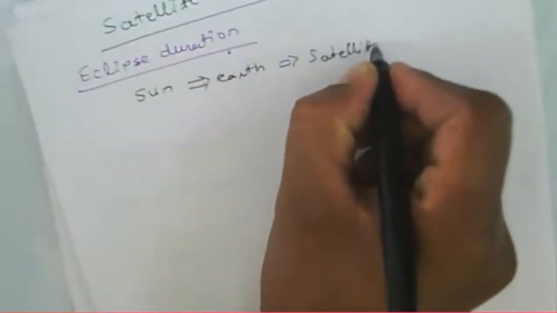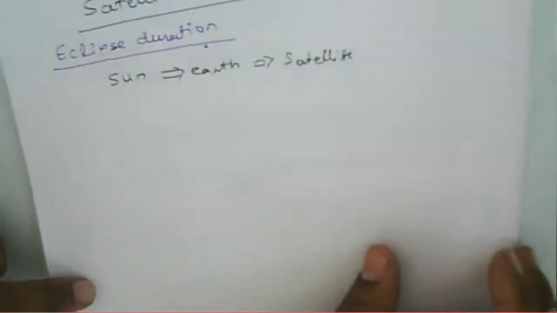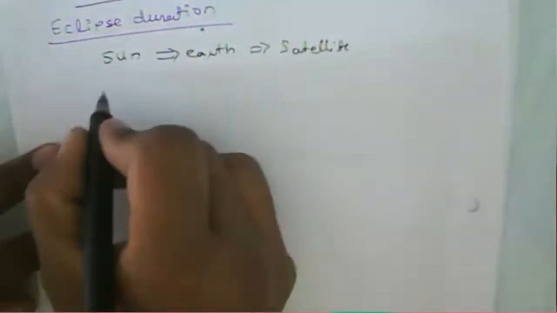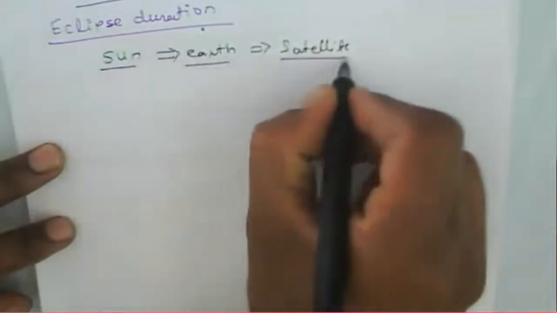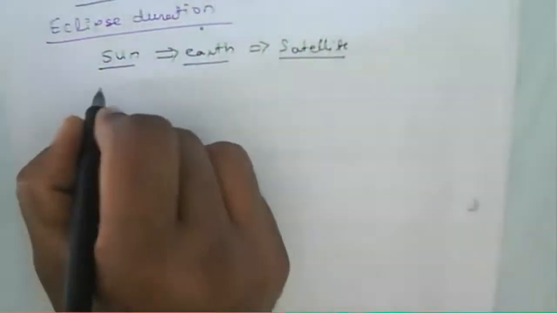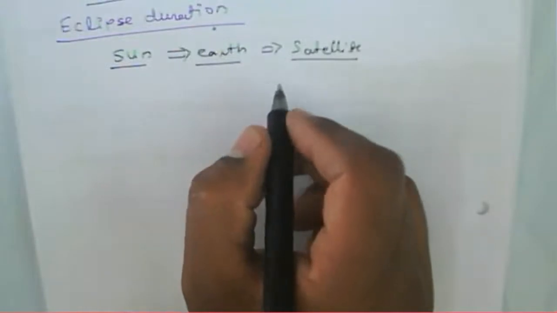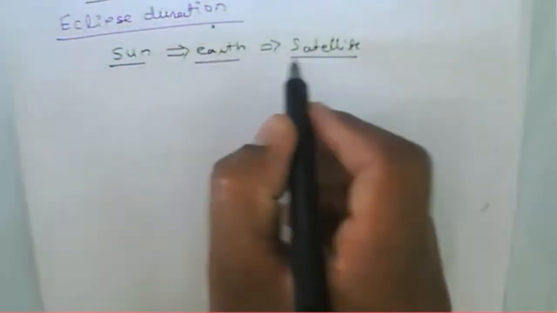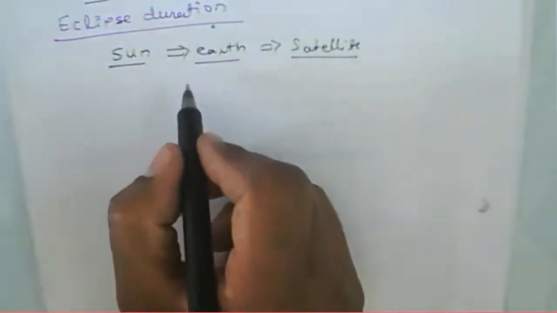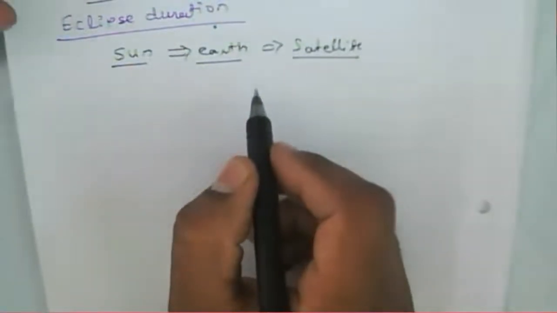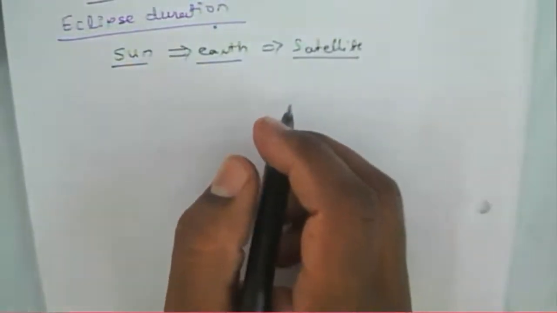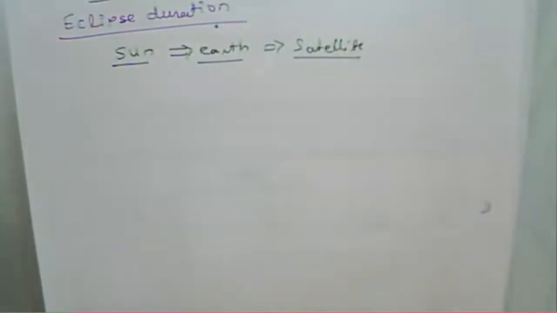All of these come in the same line or the same axis. So when the Sun, Earth, and satellite all come in one line, in that case the eclipse occurs.